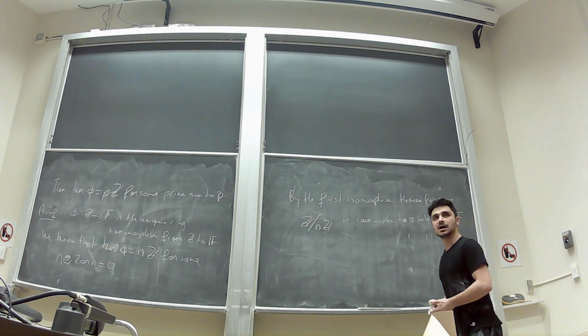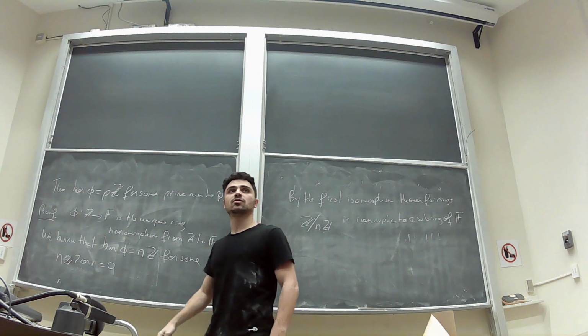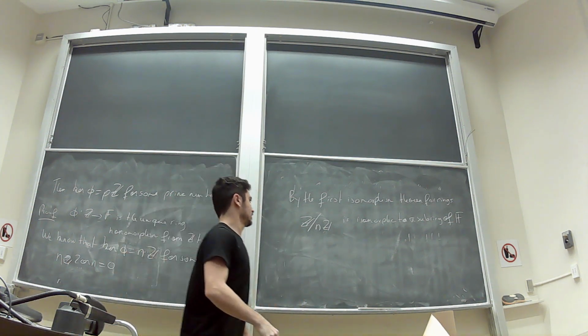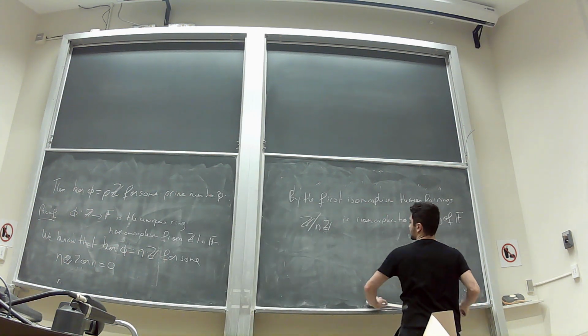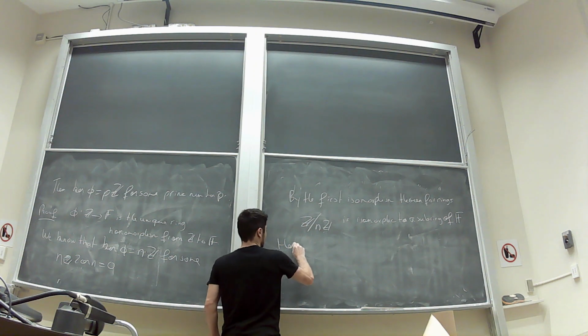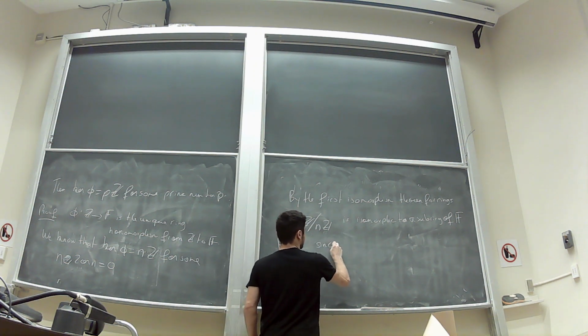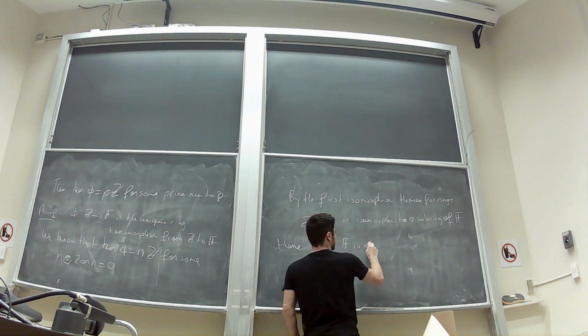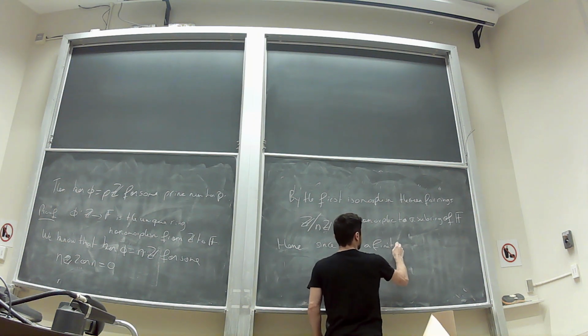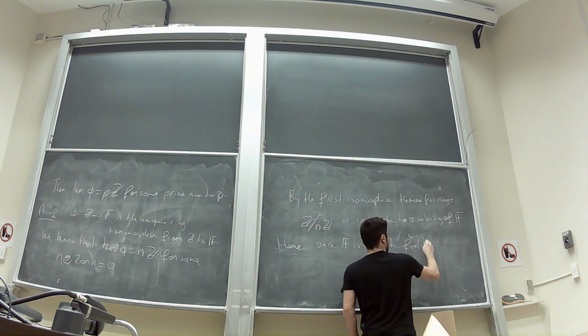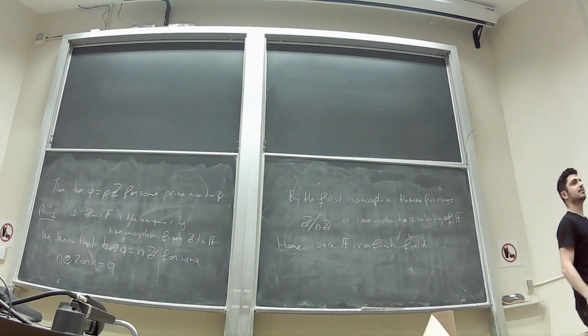Now F is a field, so F is an integral domain. Hence, since F is a finite field, any subring of a finite thing is also finite, right?